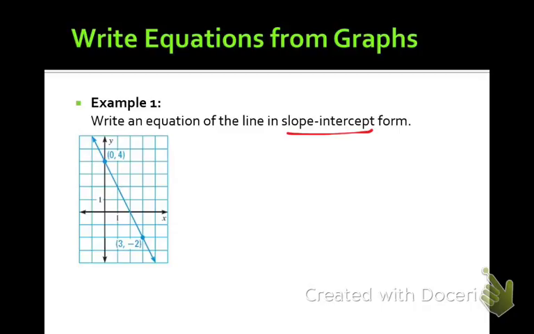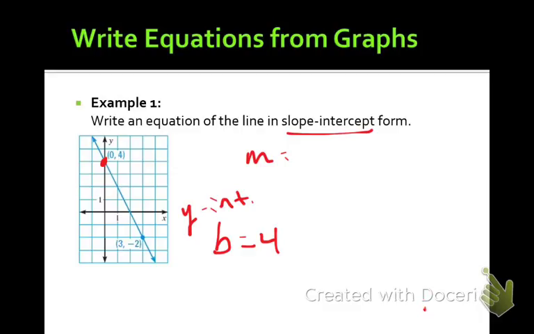So in other words, slope-intercept form means we need to have the slope, and we need to have the y-intercept, right? The y-intercept is where it hits the y-axis. Well, this graph hits the y-axis right there. And since b is just a single numerical value that we're going to put into the equation, we just use the y value. So our y-intercept is 4.